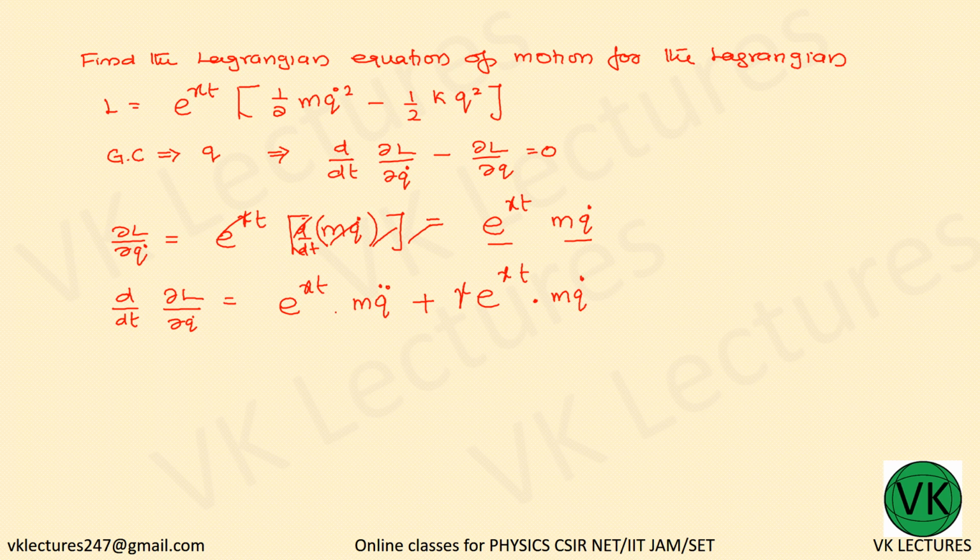So this becomes the first term, and what is ∂L/∂q? ∂L/∂q is e to the power gamma t into half k q square, so minus k q, so that's equal to minus e to the power gamma t into kq.